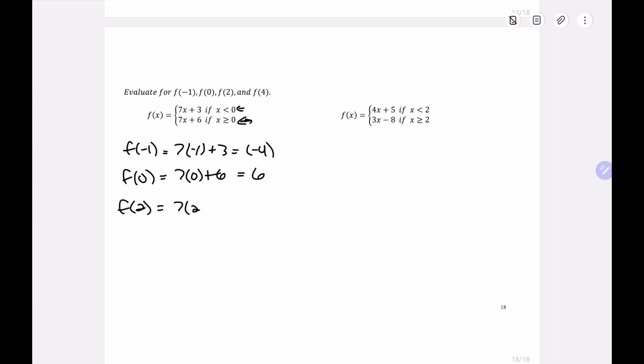So 7 times 2 plus 6. If we look at the f of 4, we can see that it is in our 7x plus 6 domain, and so we would take 7 times 4 plus 6, and we would get a positive 34.